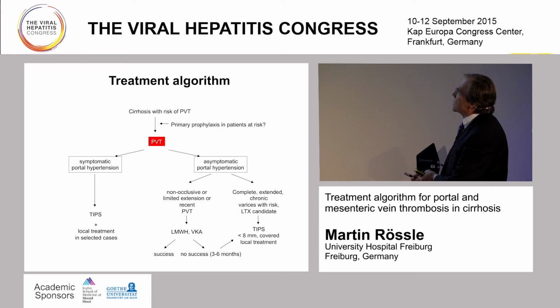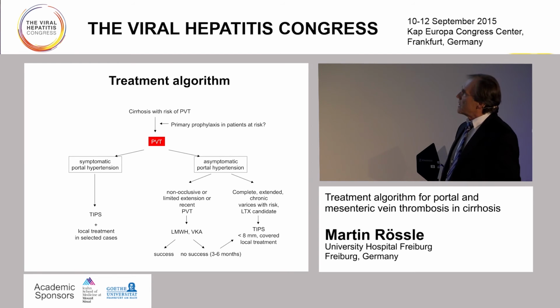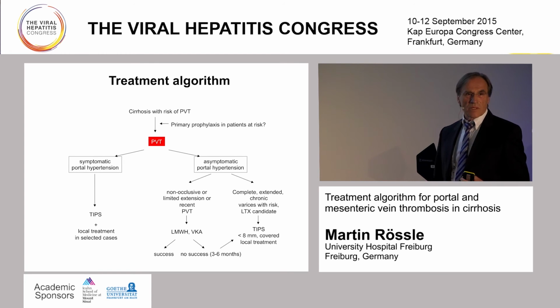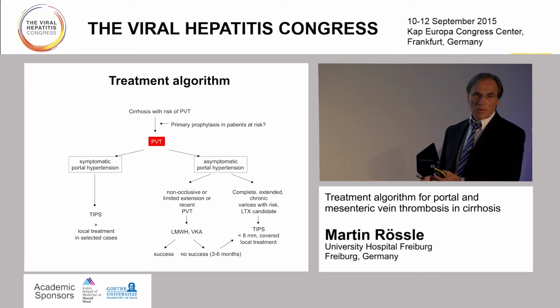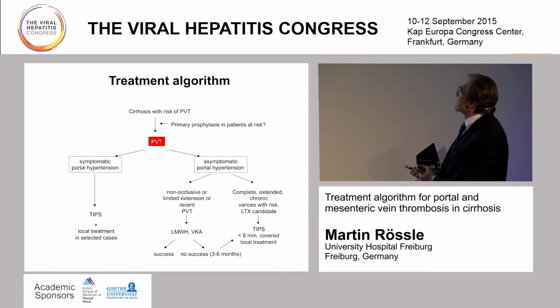I would suggest to give these patients an early TIPS to improve the symptoms, to prevent further symptoms, and to treat the portal vein thrombosis. And this can be combined with a local thrombolytic treatment. We perform a 3-day urokinase treatment, which resolves the thrombosis in most of the patients.